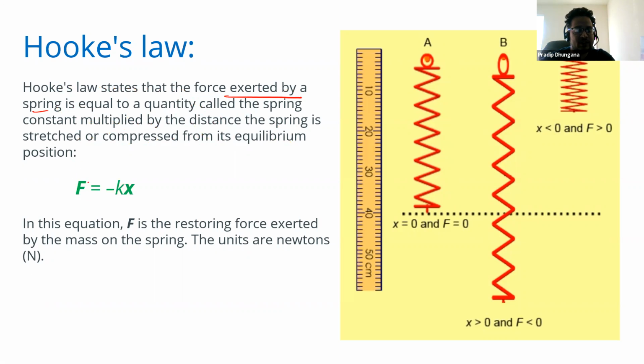So that means the force, which is the restoring force, is equal to the product of the spring constant and the distance the spring is stretched or compressed. If you have pen and paper, please make sure to write that formula.